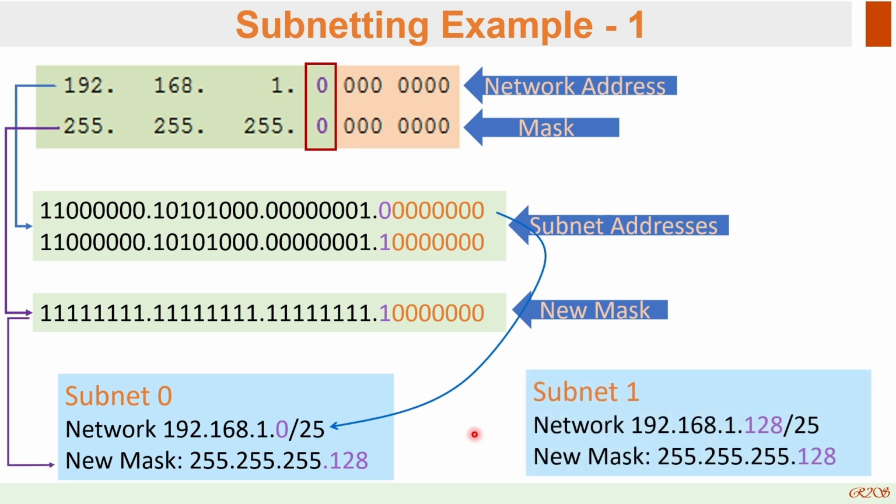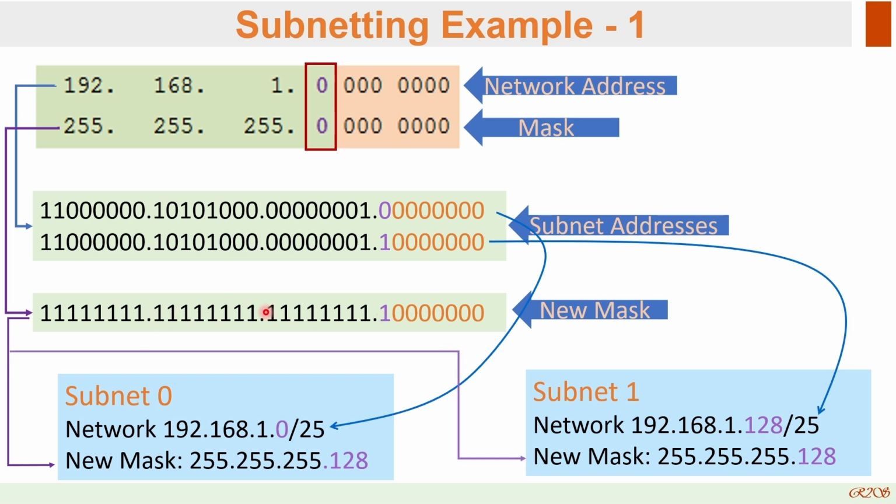The second subnet, converting from binary to decimal, is again 192.168.1, then 1 and all 7 bits 0, which means 128/25. The prefix length is 25 and the mask is the same, 255.255.255.128. That's why this type of subnetting is called equal size subnetting.